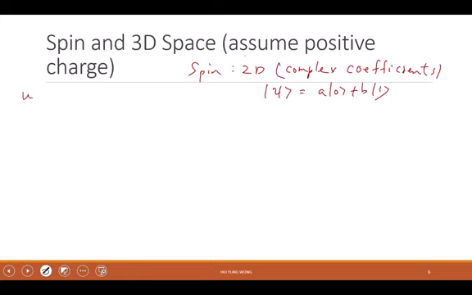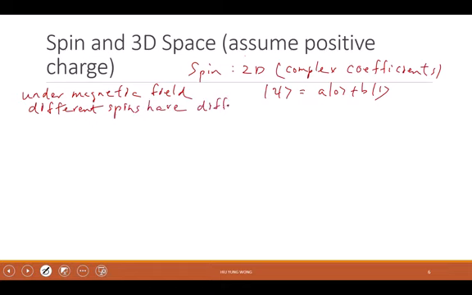So under a magnetic field, different spins have different energy.